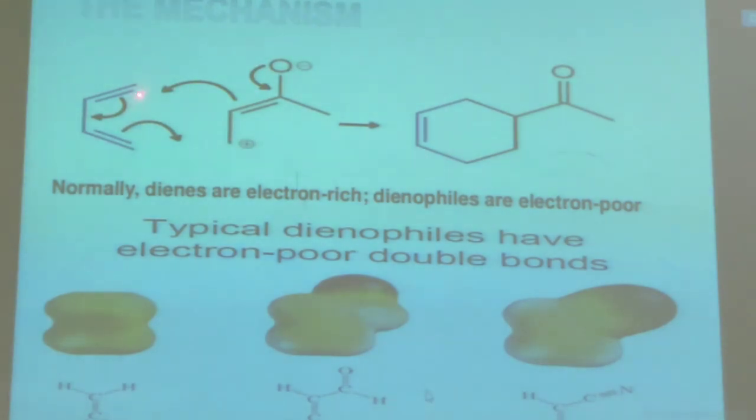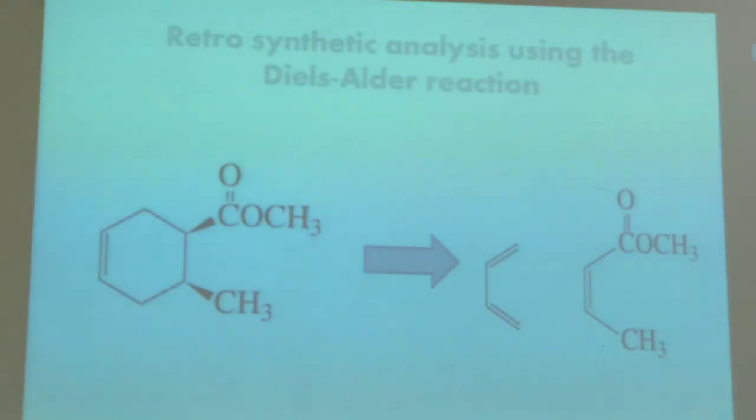That electron deficient carbon will combine with the electron rich carbon, and that electron rich carbon will combine with the methylene group, and your new structure will be formed, that is acetyl cyclohexene.